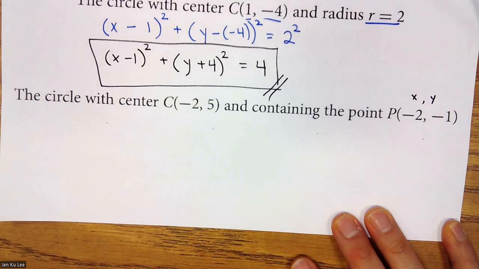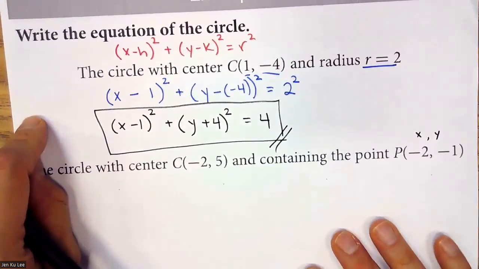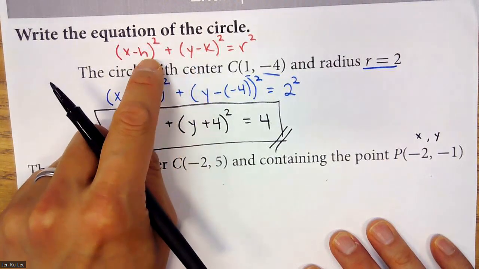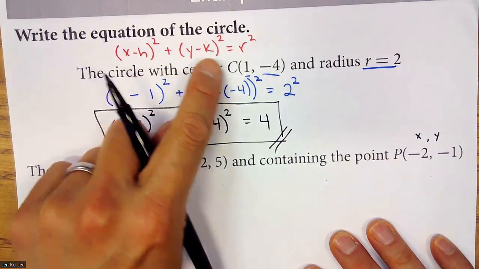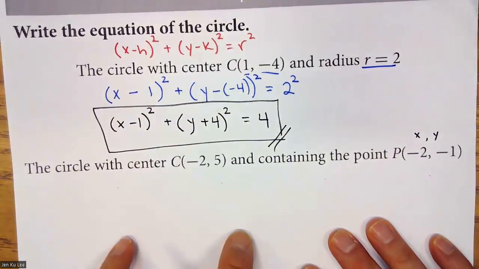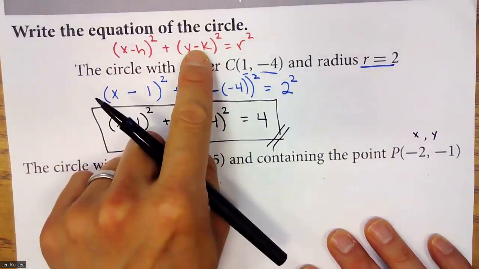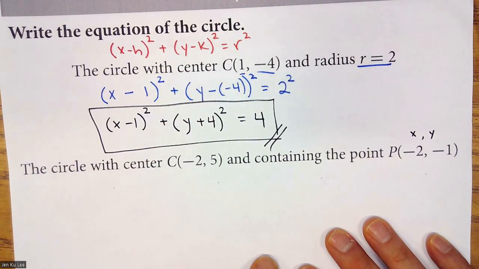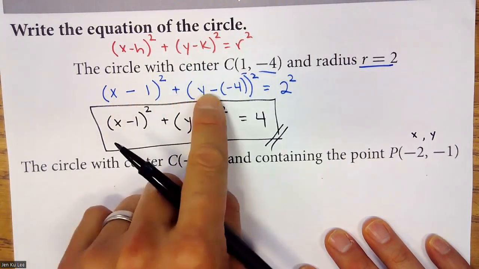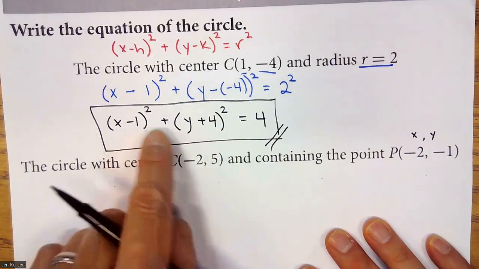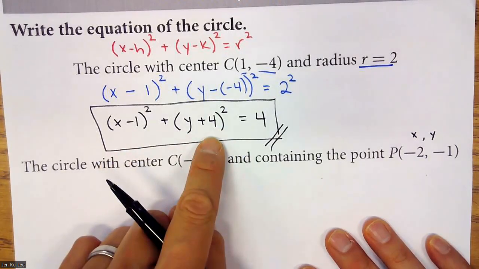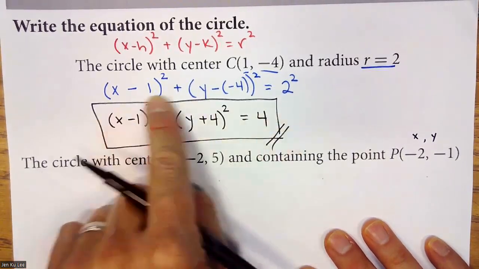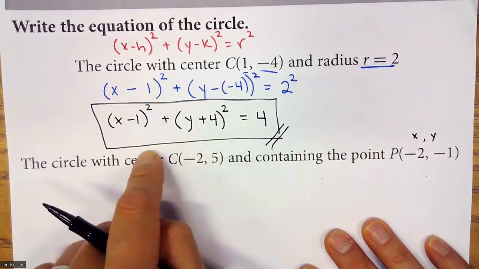So in my general form, I have x, y, I have h, k, but I don't have the r. But since I have all of those other ones, I can basically solve it for r. And my equation is going to be like this. My x and my y will always be there. This is the standard form of a circle.